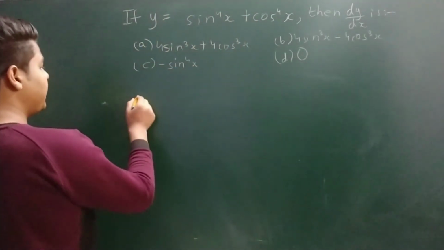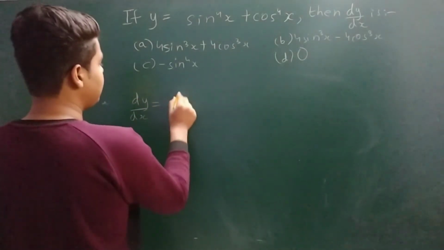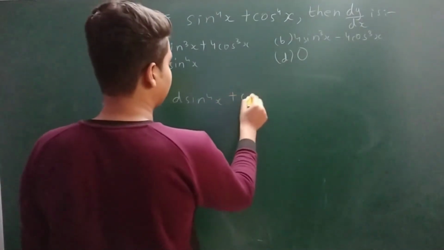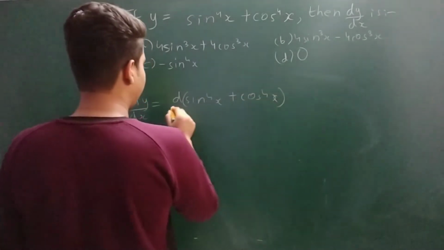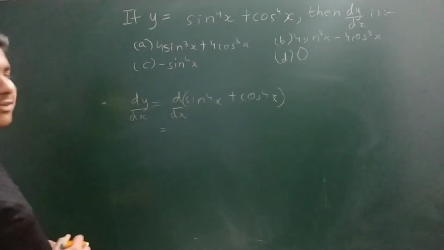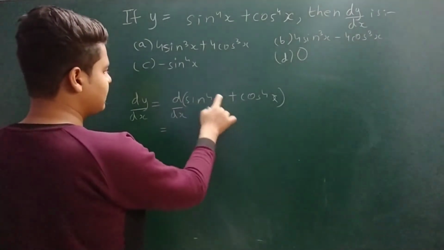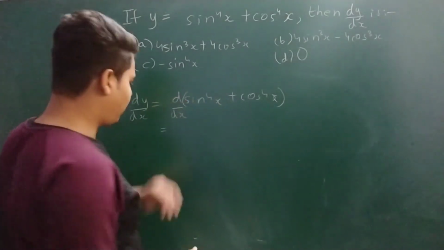So dy by dx, that is d of sin 4x plus cos 4x by dx. So sin 4x can be written as, if we consider this as x to the power n, then we have n is 4.